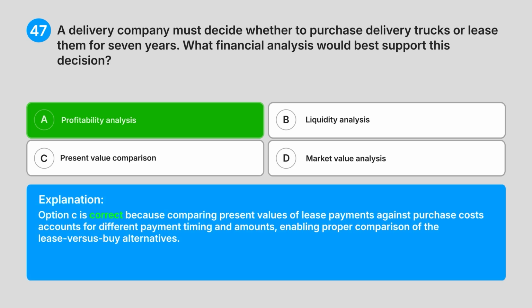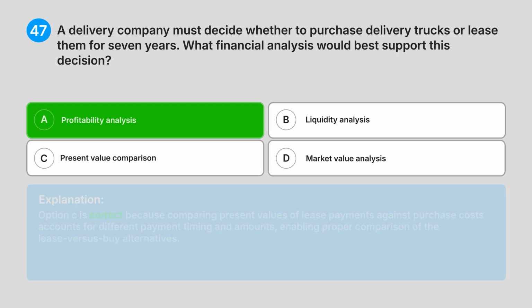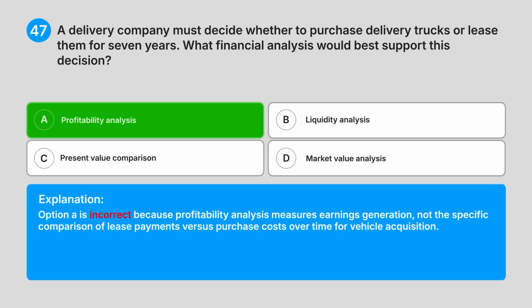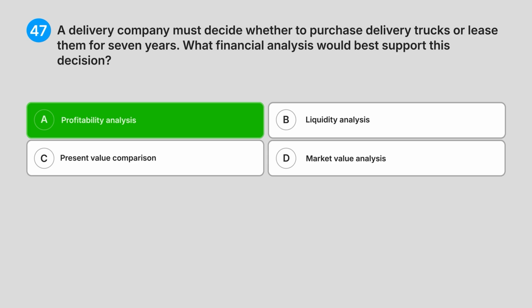Correct answer, C. Present value comparison. Explanation: option C is correct because comparing present values of lease payments against purchase costs accounts for different payment timing and amounts, enabling proper comparison of the lease versus buy alternatives. Option A is incorrect because profitability analysis measures earnings generation, not the specific comparison of lease payments versus purchase costs over time for vehicle acquisition.